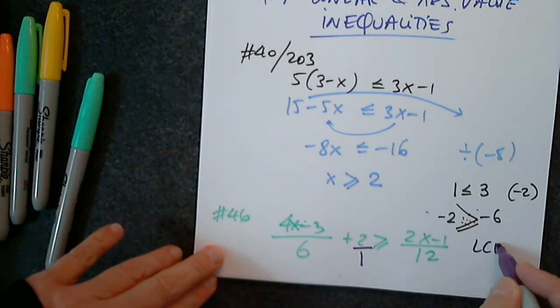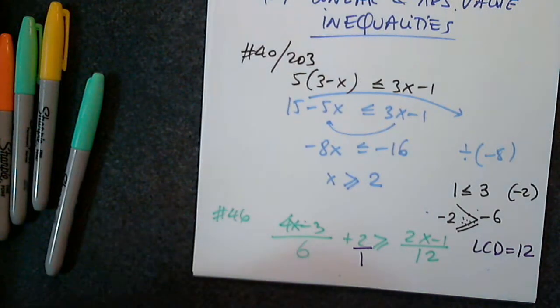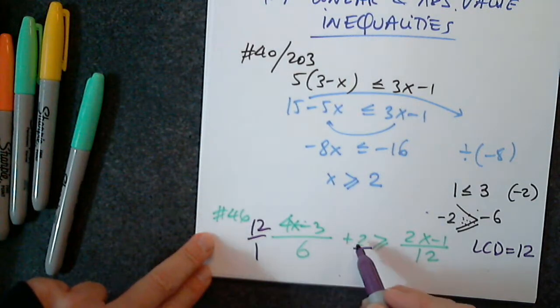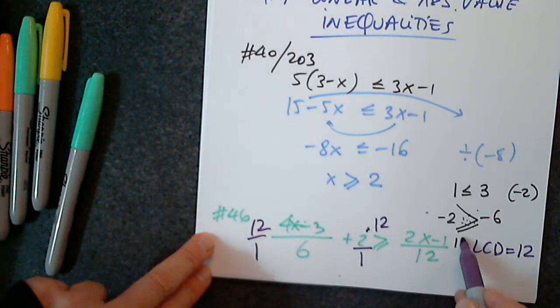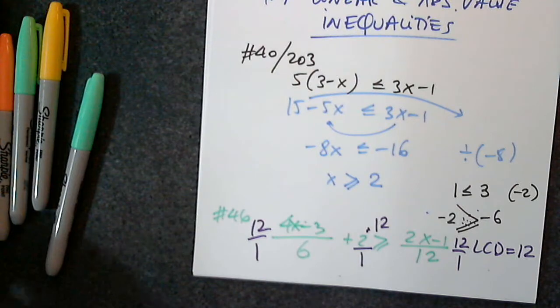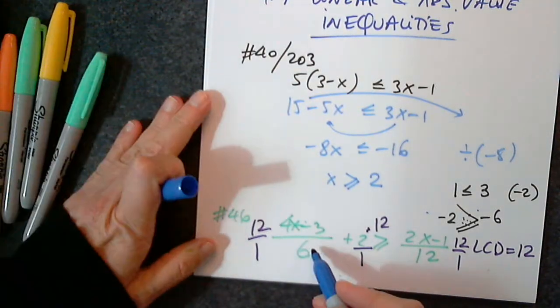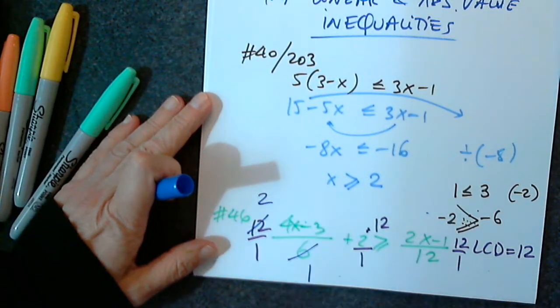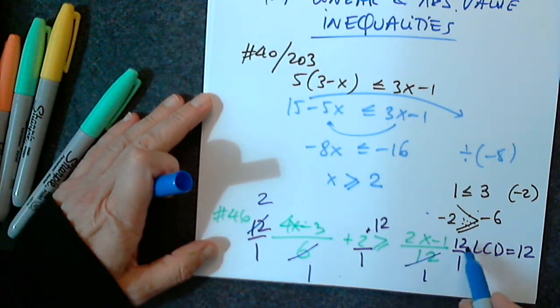Indeed, the least common denominator is 12, the smallest number that is divisible by 6, by 1, and by 12. So we multiply by 12 over 1. Remember, we don't just multiply, we simplify. So I'll simplify by 6, and I'll simplify by 12.